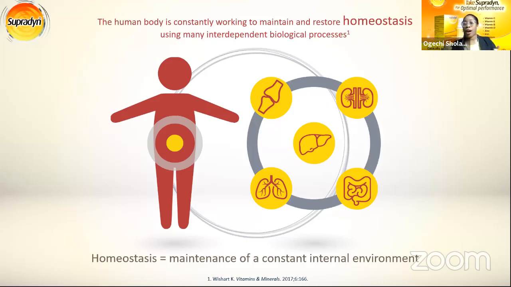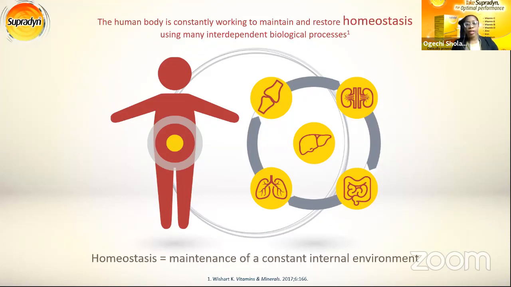If you see a car driving down Third Mainland Bridge, as long as there's no problem with the engine, everything is working perfectly, your batteries are fine, the car will continue to drive at that speed and get you to your destination. The same way with the human body. The body is constantly working to maintain and restore homeostasis. The different organs and systems function in such a way to ensure that everything works well, and at the end of the day, you stay healthy.